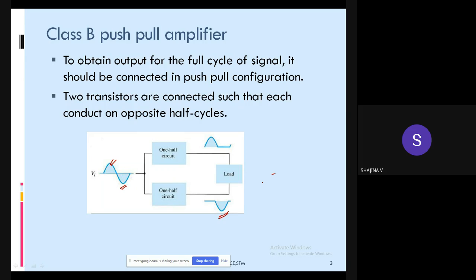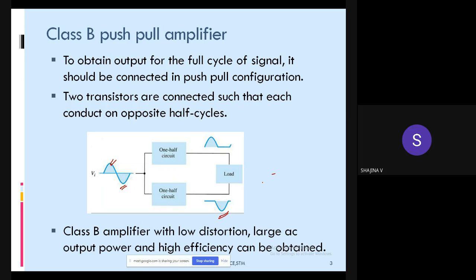We have to connect them in push-pull configuration such that one transistor will conduct for the positive half cycle of the input signal, and the second transistor will conduct for the negative half cycle of the input signal, and you will obtain the complete input signal at the load.